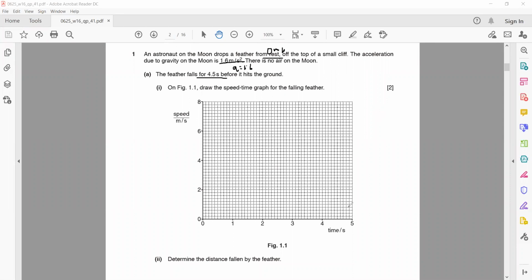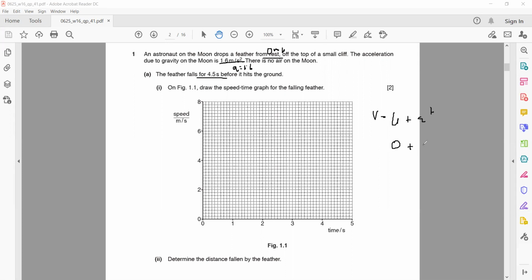So at 4.5, what is the final speed? We have the formula v, which is the final speed, equals u plus at, or acceleration is v minus u over t. That's the same formula as v equals u plus at. Because the object is falling, the initial velocity is 0. So you have u plus at.